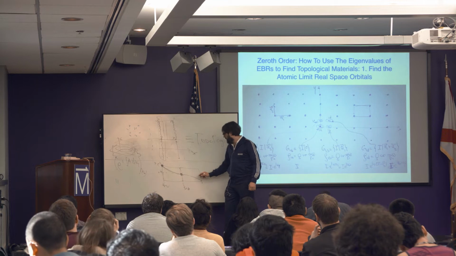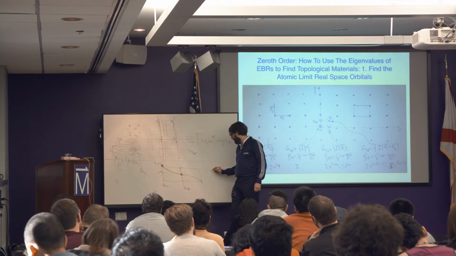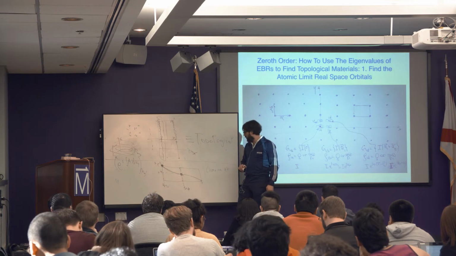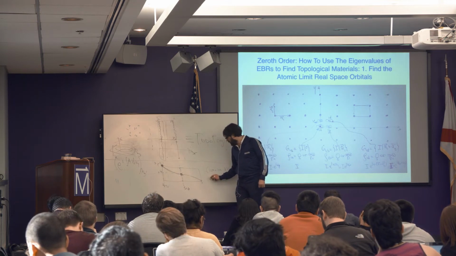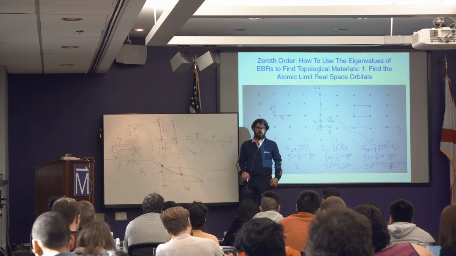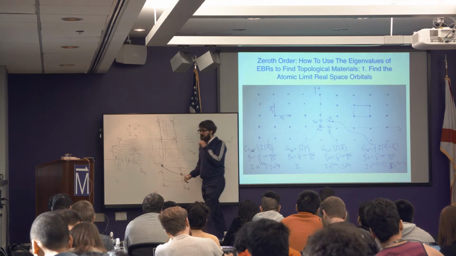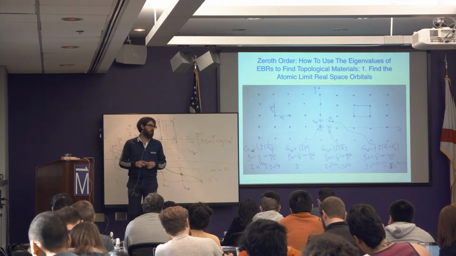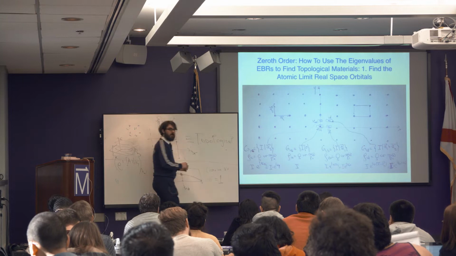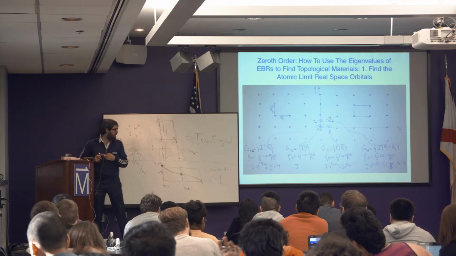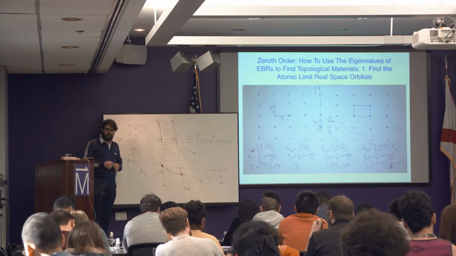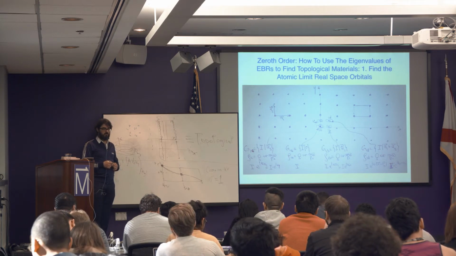So this is a Chern insulator or quantum Hall state with Chern number what? Or Hall conductance. How many edge states do I have? 1. Okay, so we've identified this phase as a Chern insulator with Hall conductance 1.